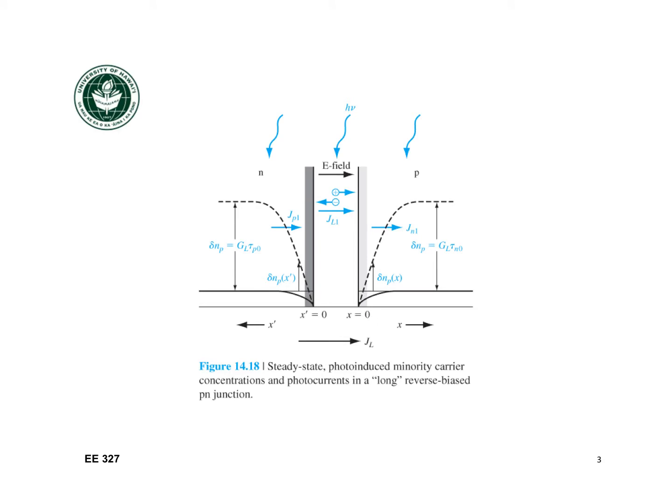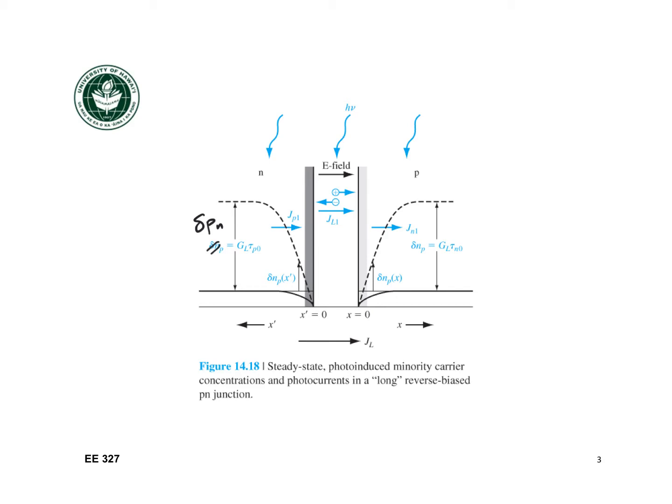This figure from your textbook shows those excess minority carrier concentrations on each side of the p-n junction. I'd like to point out that this should have this notation. So this is the excess holes on the n side of the junction.